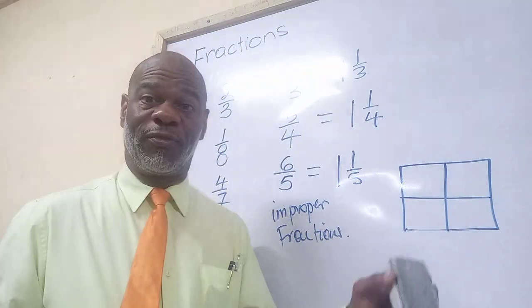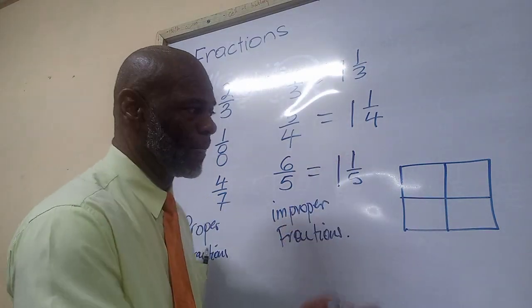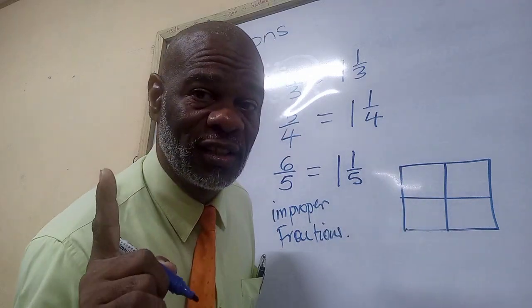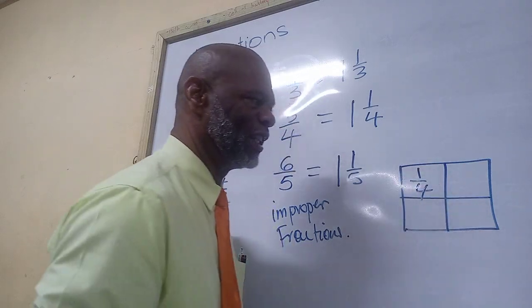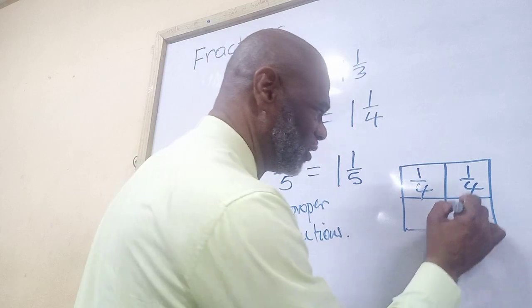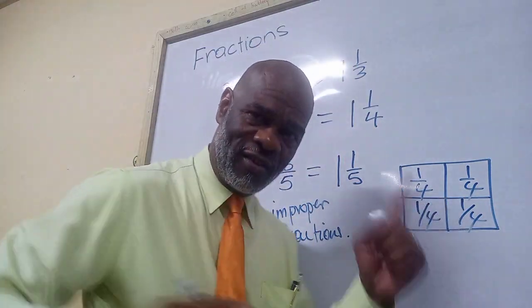We have 4 pieces. So if we have 4 pieces, this one will be 1 out of what? Awesome. That's 1 out of 4. Then this part would also be 1 out of 4. This will be 1 out of 4. This will be 1 out of 4.